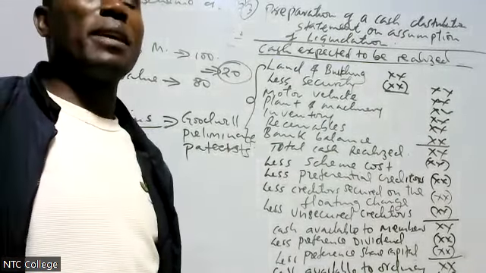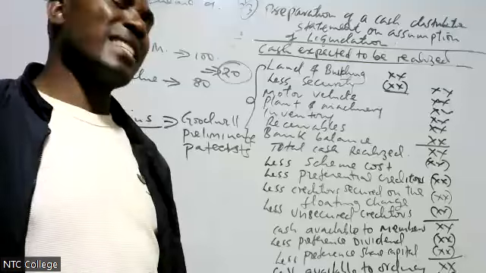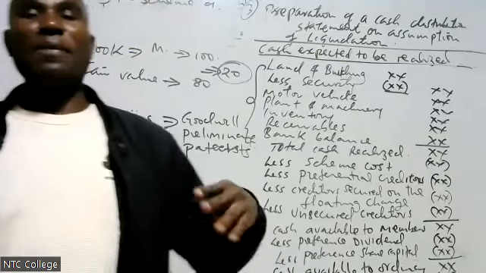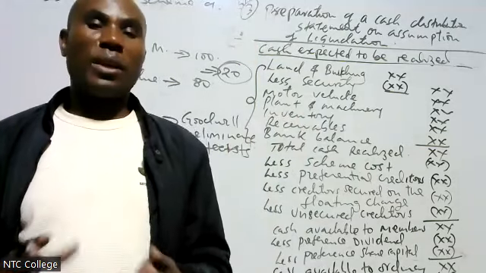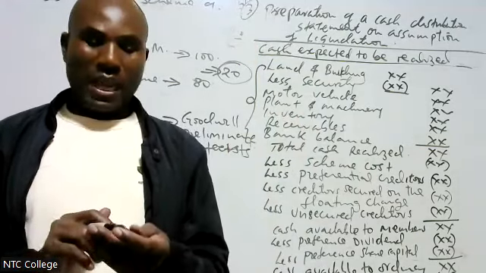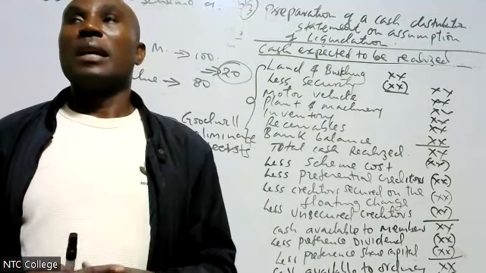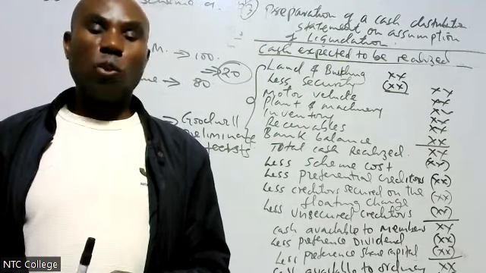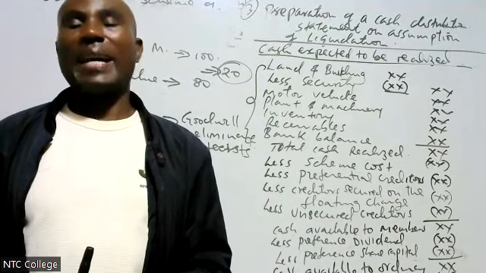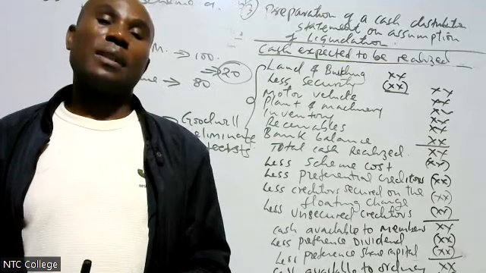Another recommendation may be, remember, it's not standard. I'm giving you just an example on how you give recommendations. Now, another recommendation may be accumulated losses to be written off against capital reduction.